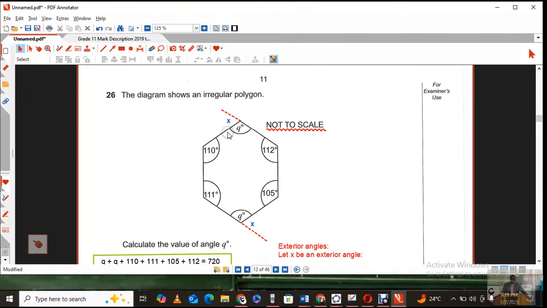The exterior angles of any polygon, the angles on the outside, will add up to 360. So naturally, if I was to find that exterior angle over there, this exterior angle over here, maybe this one over here going like this, and perhaps this one over here.